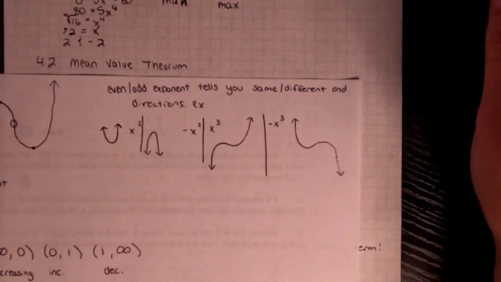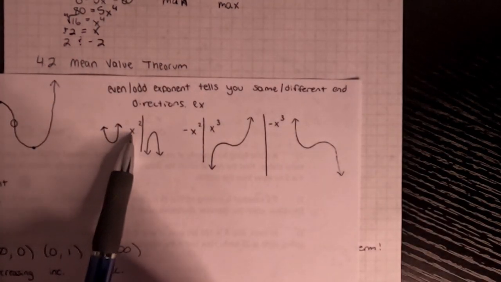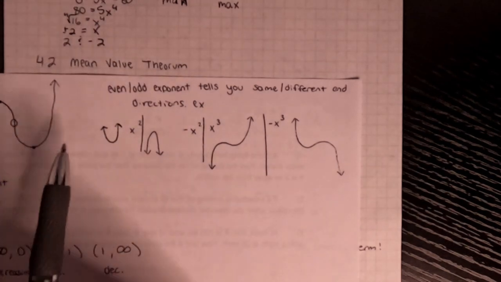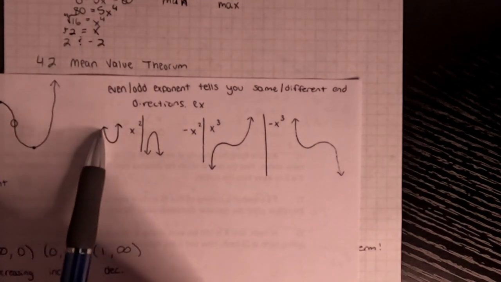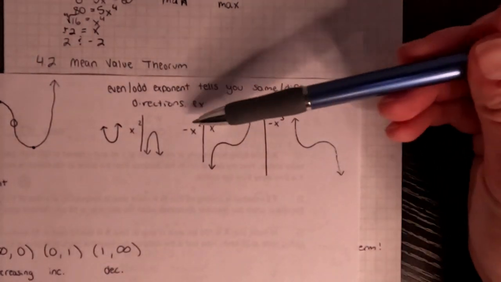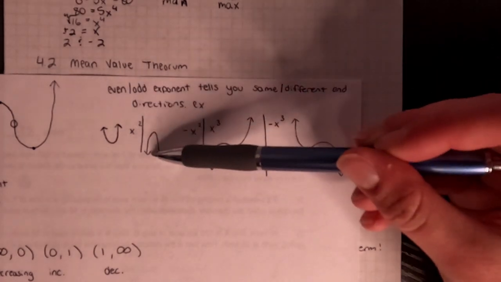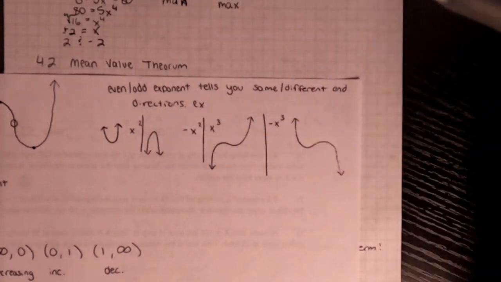So if your exponent is even and your leading term is positive, your graph is going to look like this with both ends going up. And then if you have an even exponent but a negative leading term, it's going to look like this, where both ends are going down.